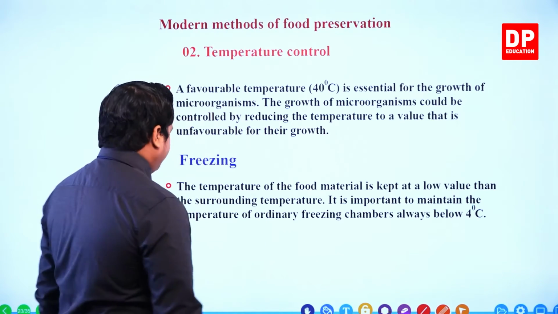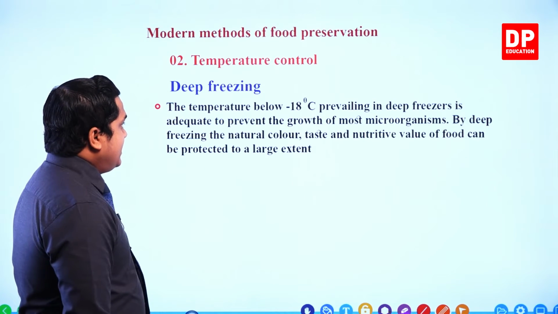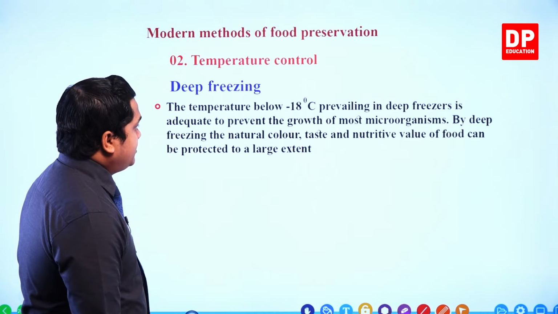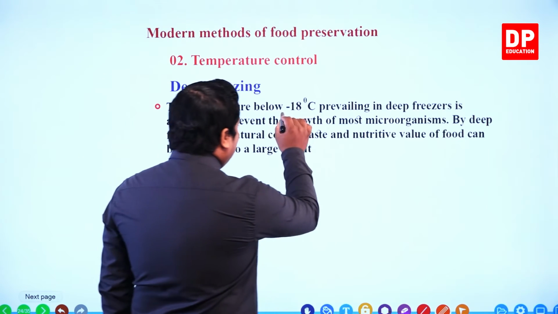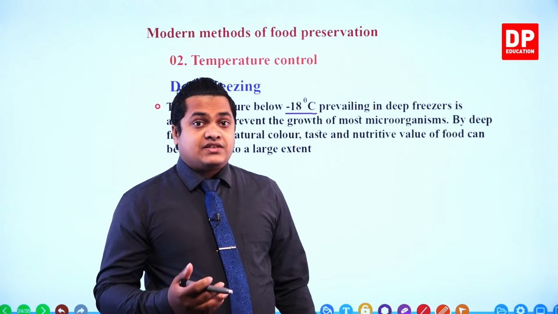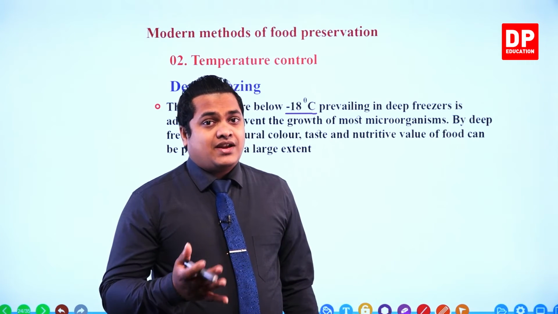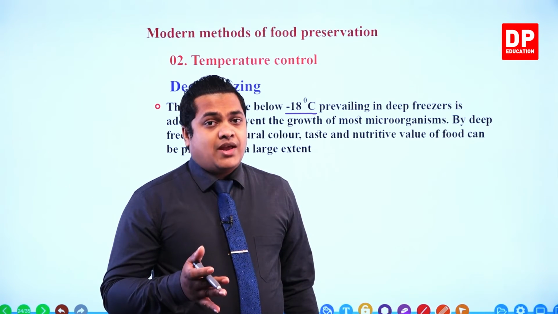Okay, then. Temperature control is the one, but the second method we are now discussing is deep freezing. In deep freezing, my dear children, the temperature is below -18 degrees Celsius. At this temperature, what will happen?